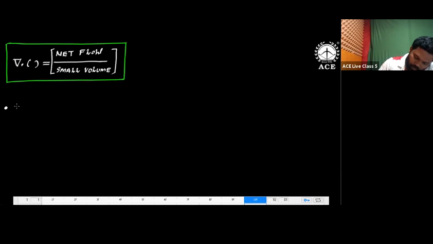If you have a closed surface, in the closed surface there will be a net flow, in and out.